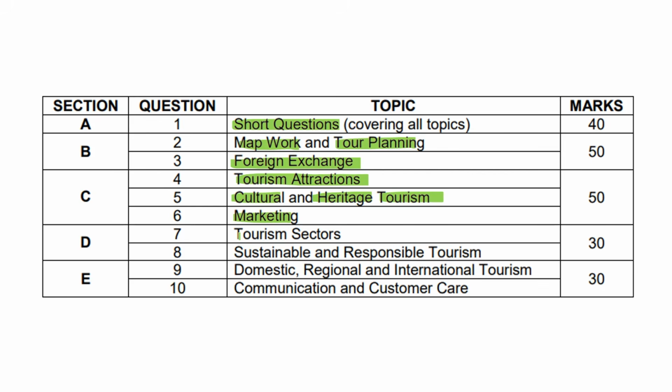In terms of the tourism sectors, right? So there are two questions here: professional image in the tourism industry, conditions of employment, and the purpose and value of a code of conduct. So it's not too heavy, right? Just understanding the three pillars of sustainable tourism, so triple bottom line, CSI, CSR. So if you do business, you can use some of your businessy knowledge here as well. In question 8, we've got sustainable and responsible tourism.